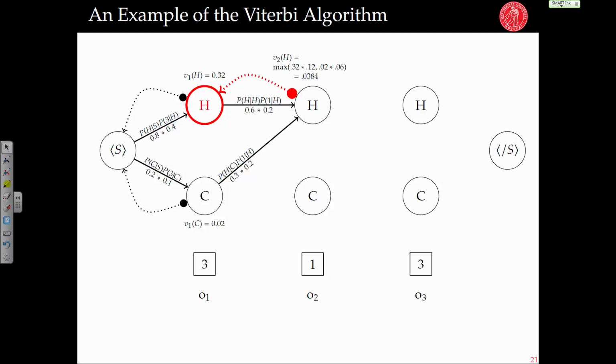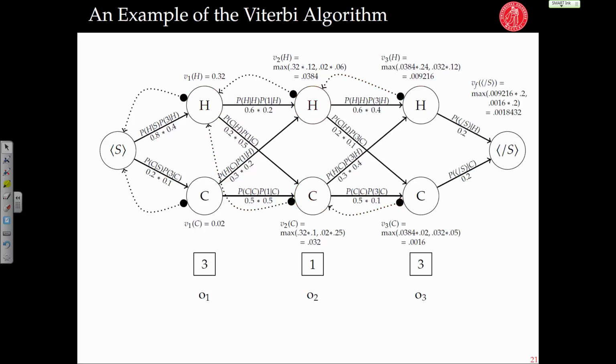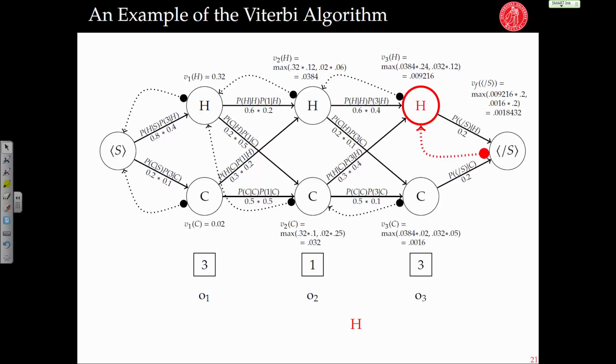So we continue, we do the same here as well, and so on. So again, we find that this maximum probability comes from moving from H to C. We do the same again until we reach the pseudo final or end state.